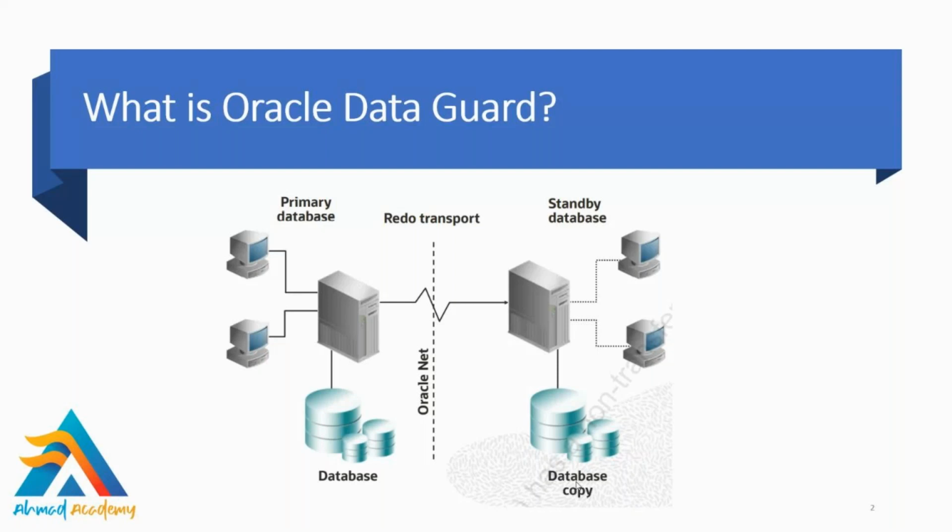Before recovering the production you can enable the standby as production, and downtime is very low. So that's why clients prefer to use Data Guard in their environment. So this is Data Guard.